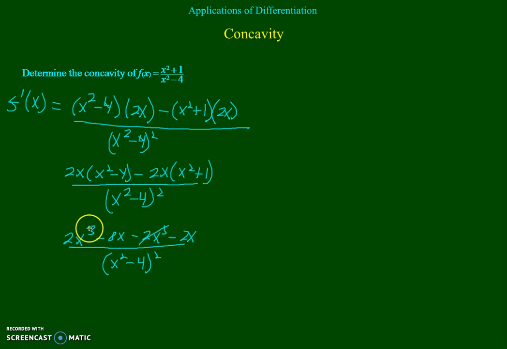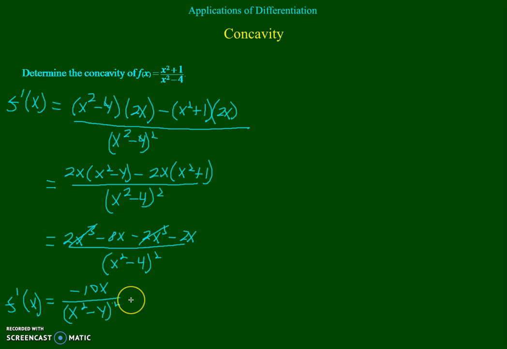And we do have a cancellation here, and negative 8 minus 2 gives us negative 10x over x squared minus 4 squared. And that is f prime of x. Bad form here.